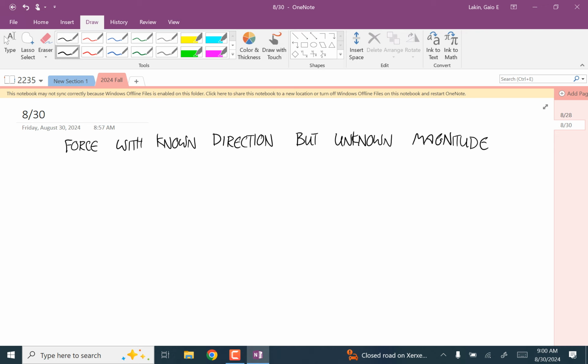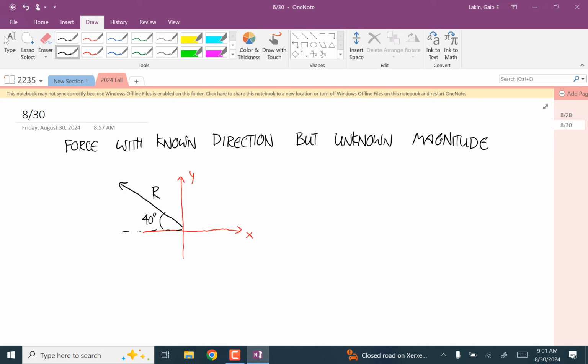So if you know that a vector is at an angle of, let's call this 40 degrees from the horizontal like this, and I'm going to use a standard coordinate system, and we're going to call the magnitude of this RT or something. Okay. So how would you represent that?